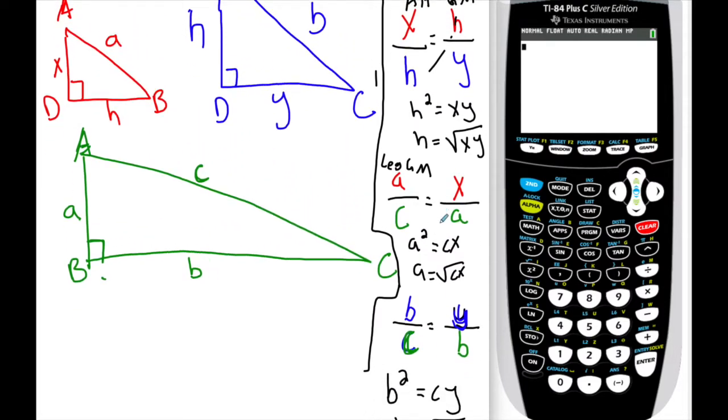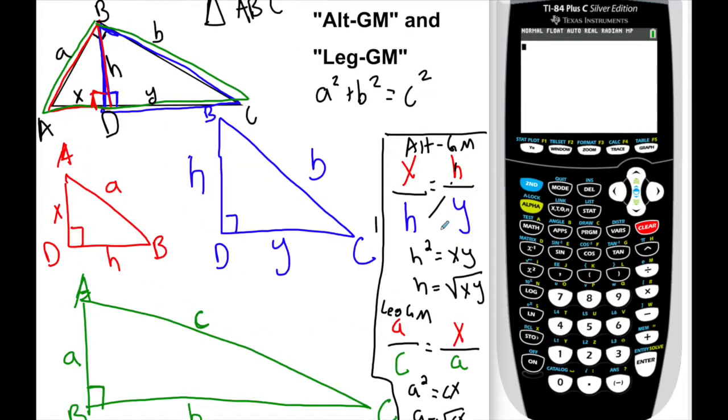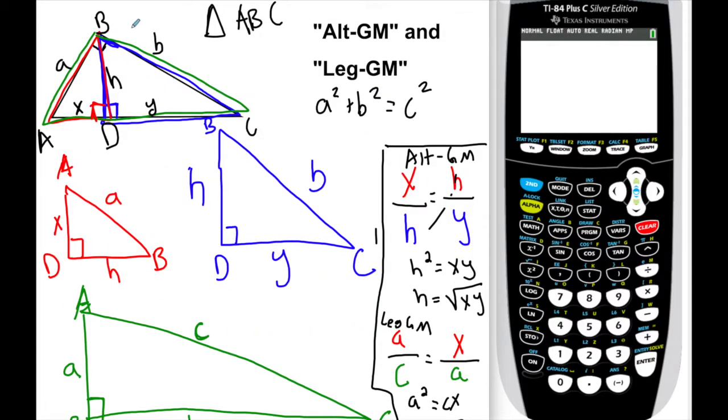Okay, so now we know three things. These are both considered leg GM. So we know that if I have a right triangle and I drop an altitude, the length of the altitude is the geometric mean of the first piece of the hypotenuse and the second piece of the hypotenuse. Okay?